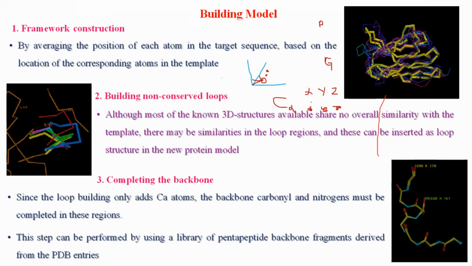It will finish the backbone, right? Alpha carbon, carbon, beta carbon, and nitrogens. The atoms' coordinates will be copied from the XYZ coordinates. Okay, this is the x-axis, this is the y-axis, and this is the z-axis. So from all three axes, the atom positions will be copied, and the coordinates will be imitated from the template that is identical.